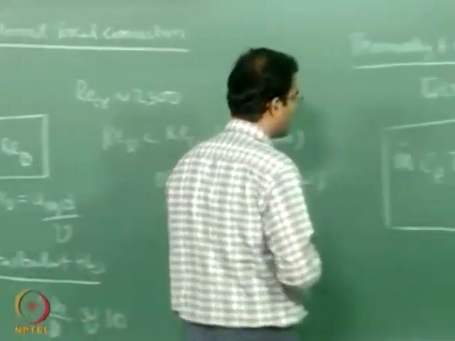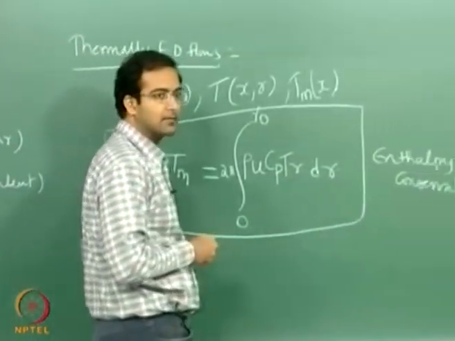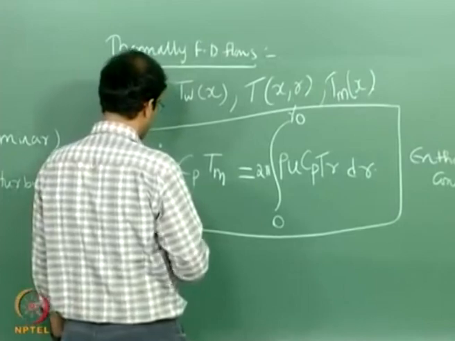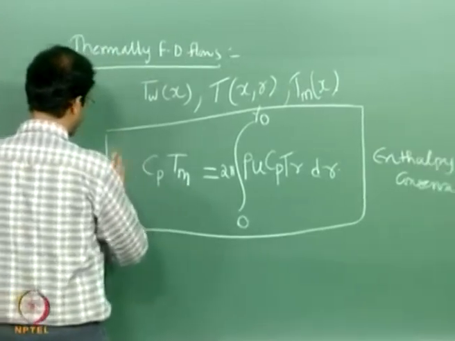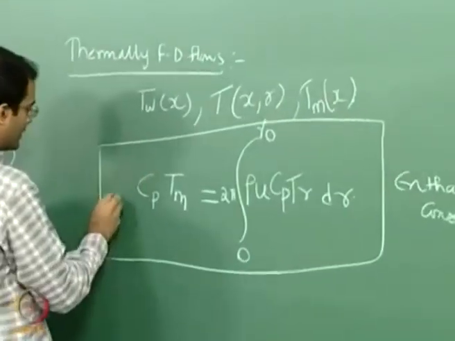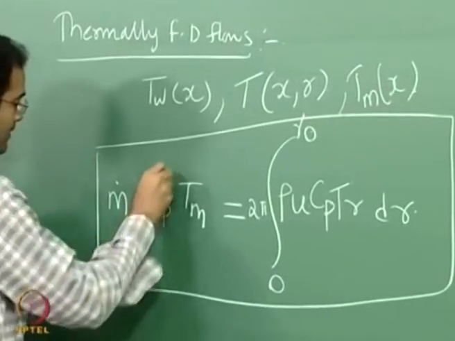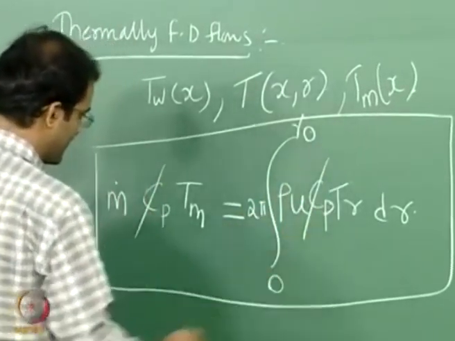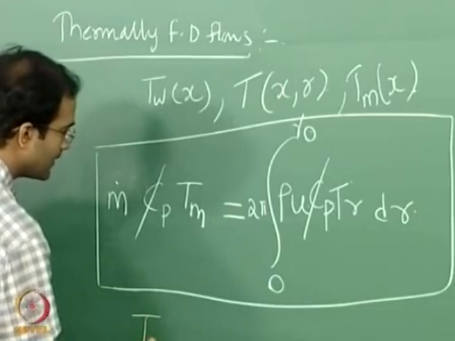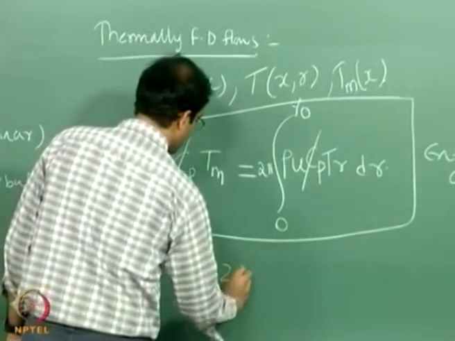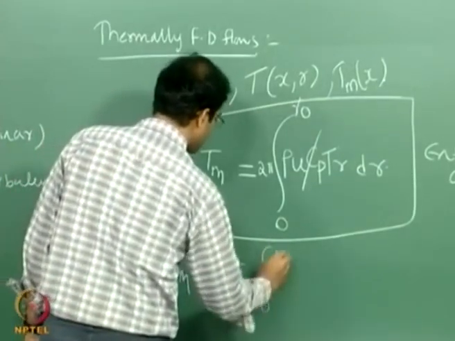So therefore, for an incompressible flow with constant property, let me just write it right now. I can knock off this and my Tm will be 2 pi integral 0 to r naught.